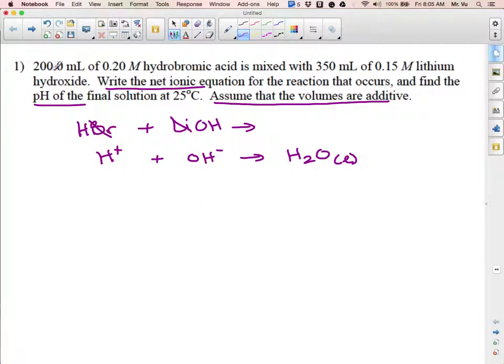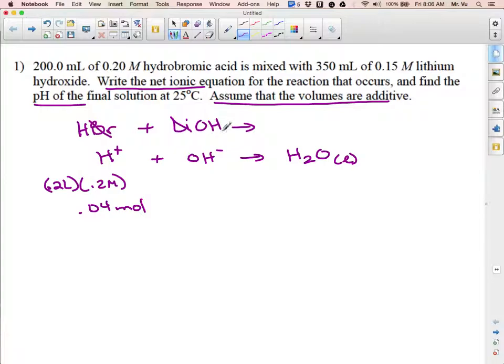So I know I have 200 milliliters of 0.02 molarity hydrobromic acid, right? So that means I have 0.2 liters multiplied by 0.2 molarity. Okay, so that basically is 0.04 moles of the H+.